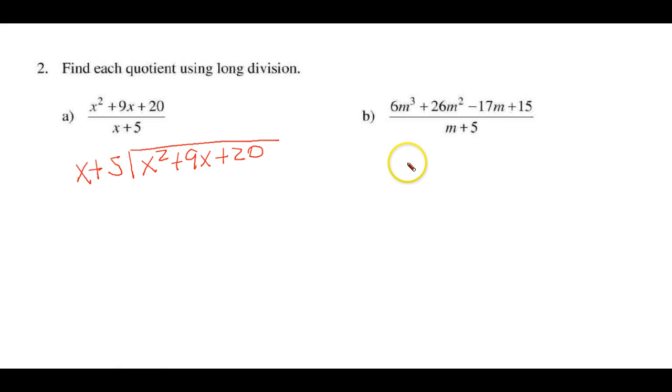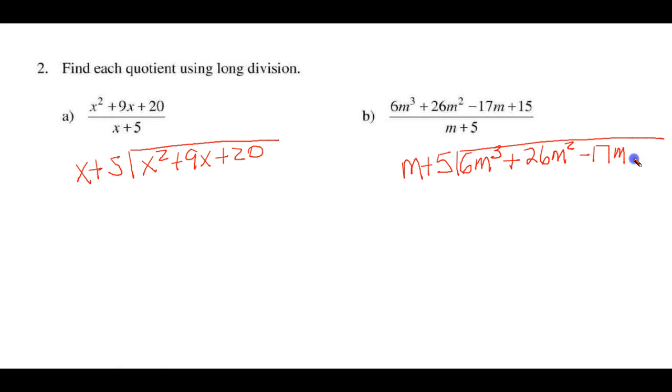And we'll do this one here too. x plus 5 divided into, and these are all descending powers. And you should be writing this over on the other side here, because we're going to show you a pattern of how to do this.